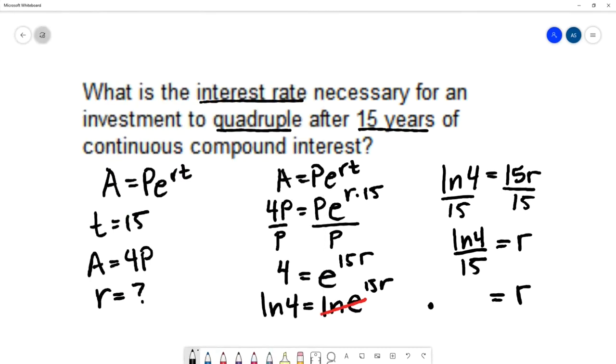So we have r equals 0.0924. We'll turn it into a percent and move it 2 places to the right. So we have 9.24%. So it will take an interest rate of 9.24% for our initial investment to quadruple in 15 years, compounded continuously.